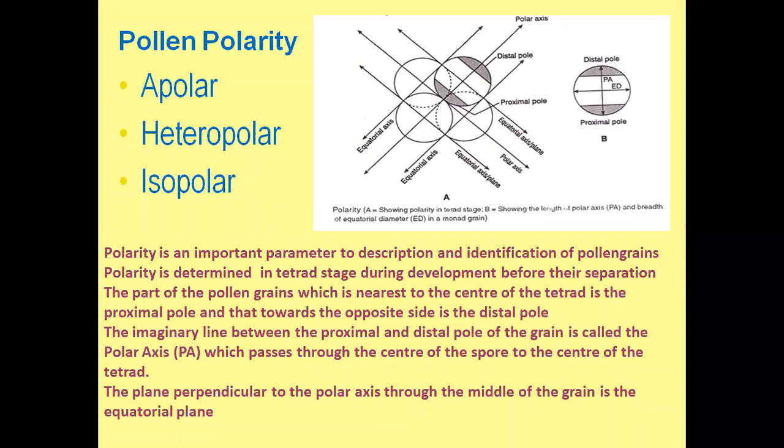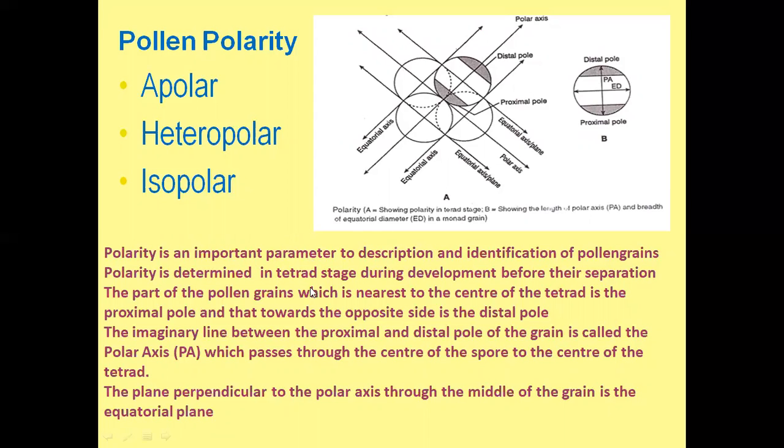Next is pollen polarity, another important palynological feature. Polarity is an important parameter for the description and identification of pollen grains. The description of the pollen grain is majorly dependent on polarity, and even identification of the pollen grain is based on polarity.